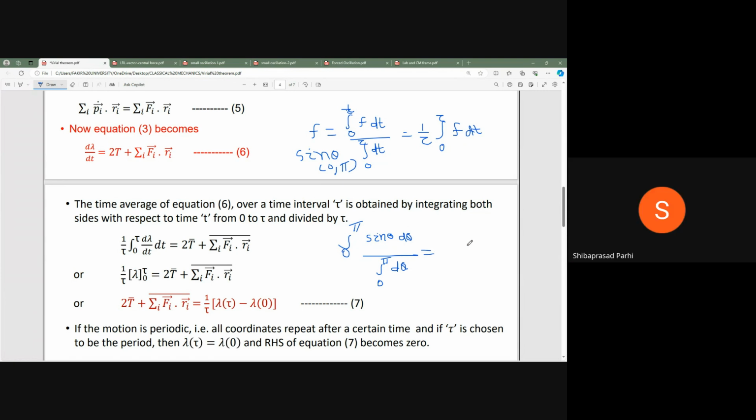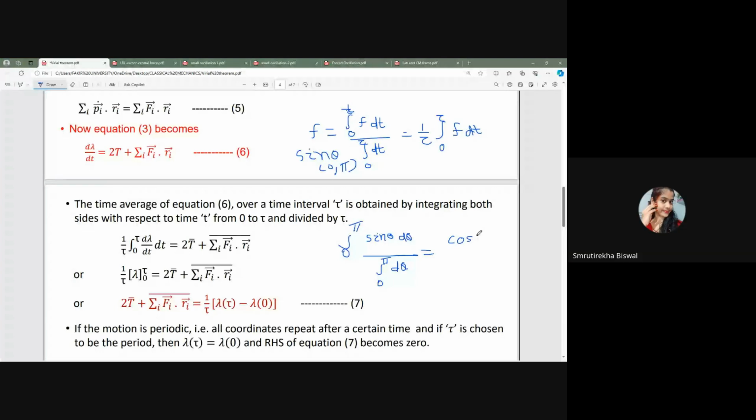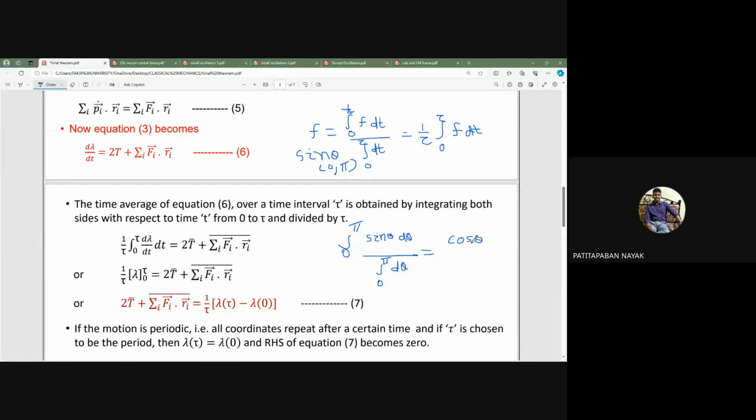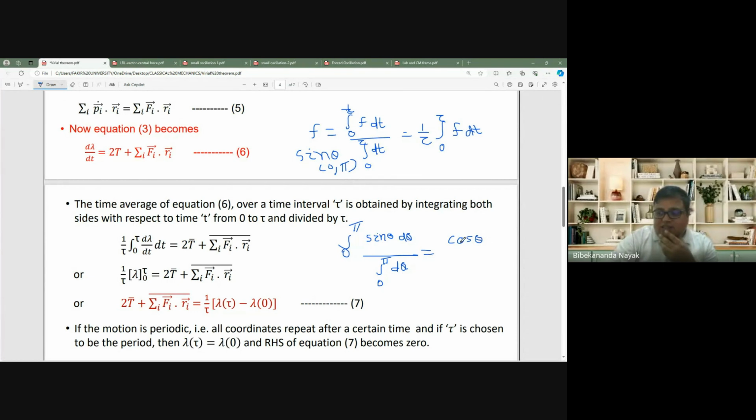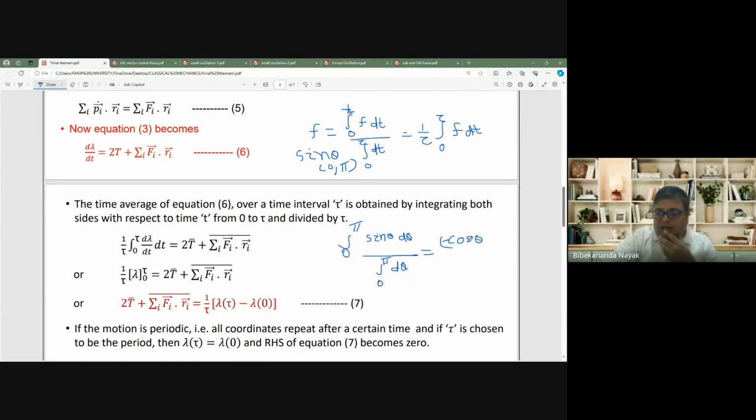0.5? How? Sine theta derivative is cos theta. Sorry, the integration of sine theta is minus cos theta. Minus cos theta, limit 0 to pi, divided by pi, since theta from 0 to pi is pi minus 0.